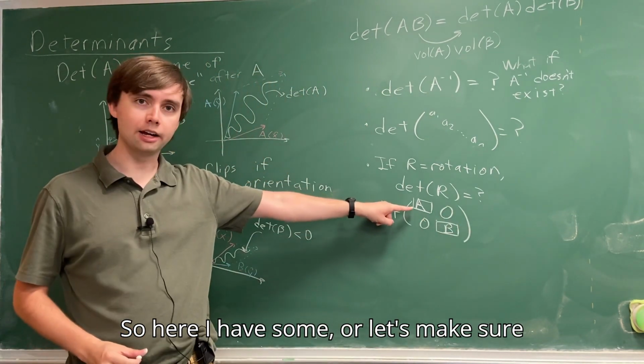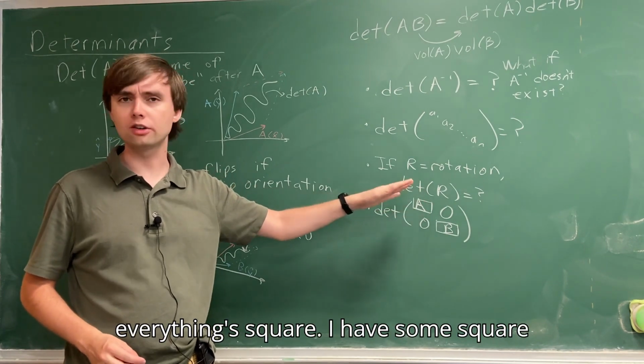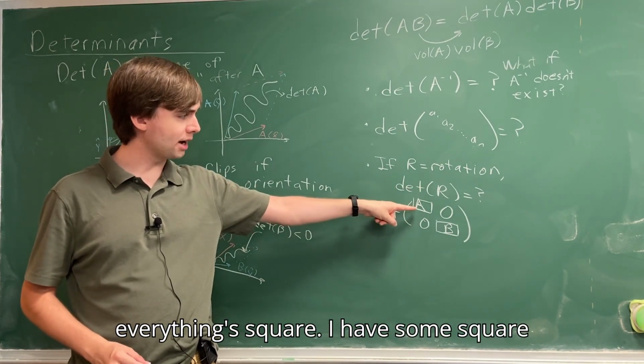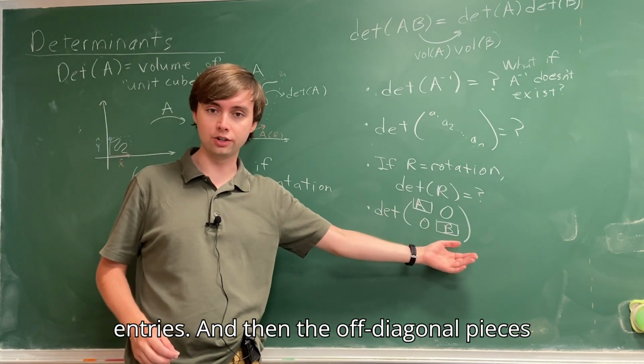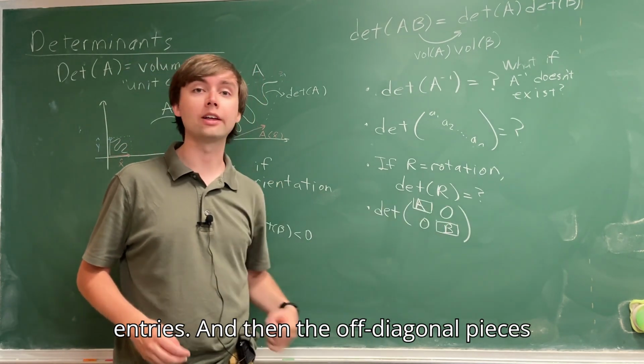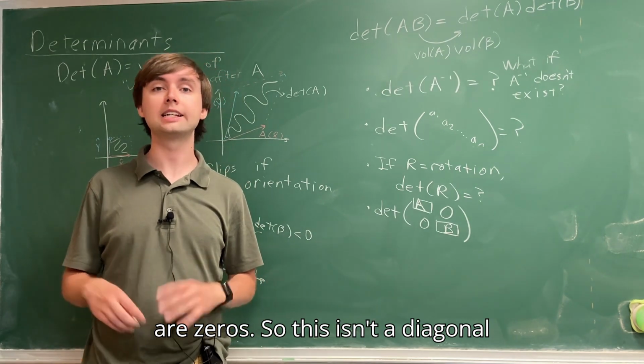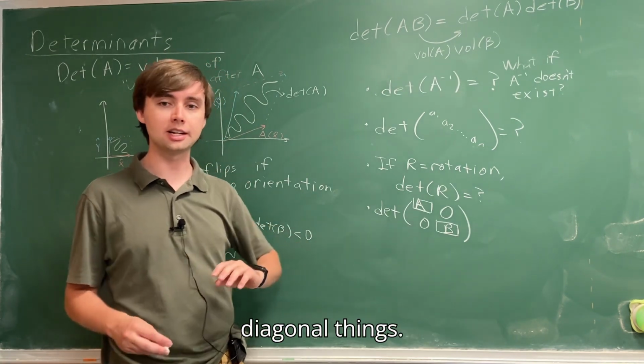So here I have some, let's make sure everything's square, I have some square that is a bunch of entries. I have another square that is a bunch of entries. And then the off-diagonal pieces are zeros.